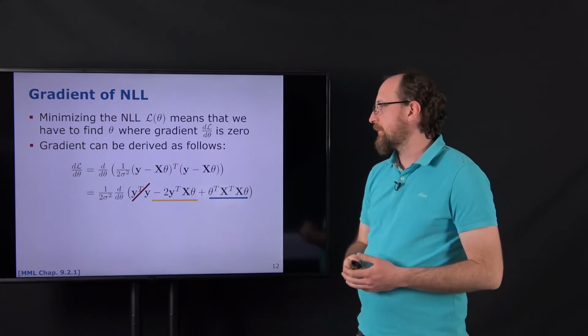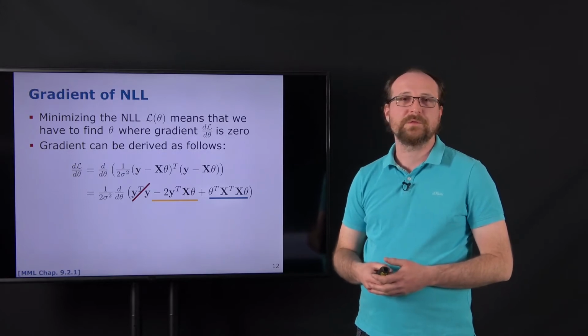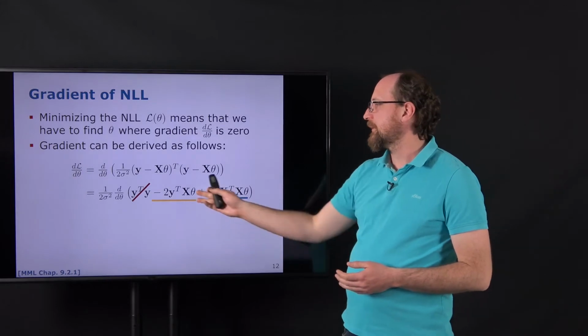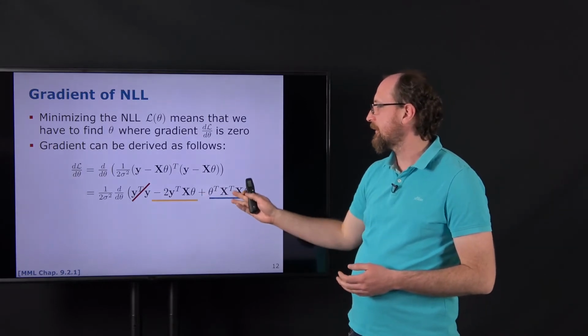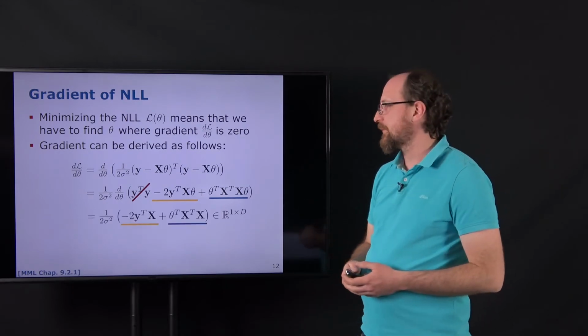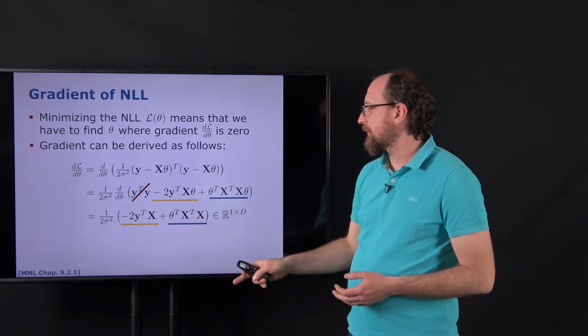With vector-matrix calculus, it's the same as with normal calculus. We have a linear term that depends on theta, and a quadratic term. When you look it up in the books, you find that here this theta is just dropped, and here the theta also gets dropped.